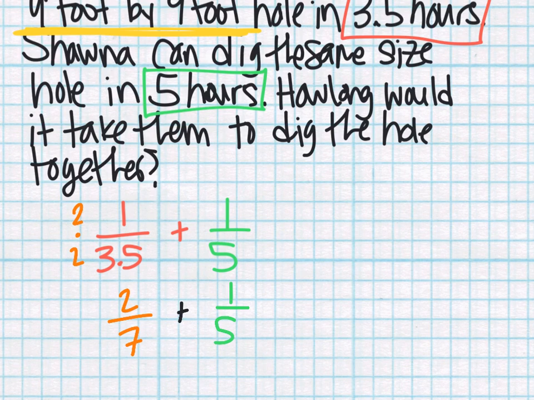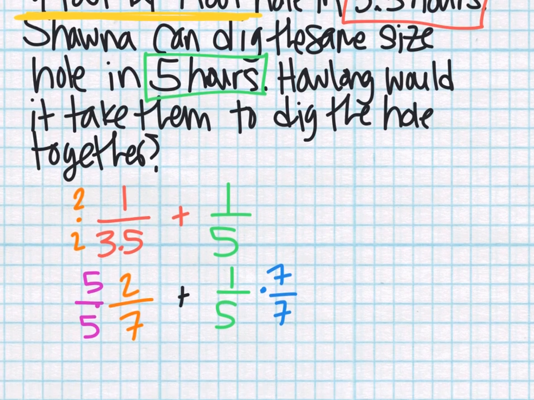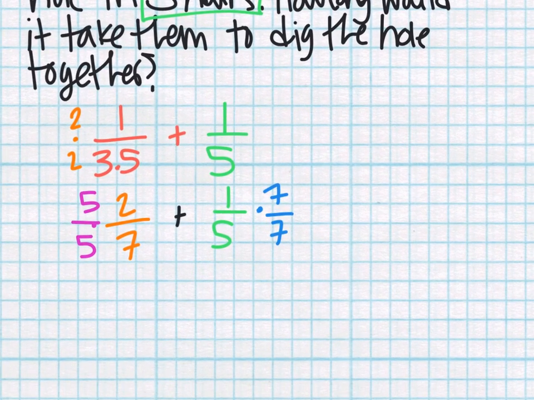So in this one, to change my fractions to have a common denominator, it's going to be easy. I'm just going to take 2 over 7 and multiply it by 5 over 5. I'm just going to use the opposite denominator. So 1/5 I'm going to multiply by 7 over 7. If I use the opposite denominator, then that will give me fractions that I can use easily.